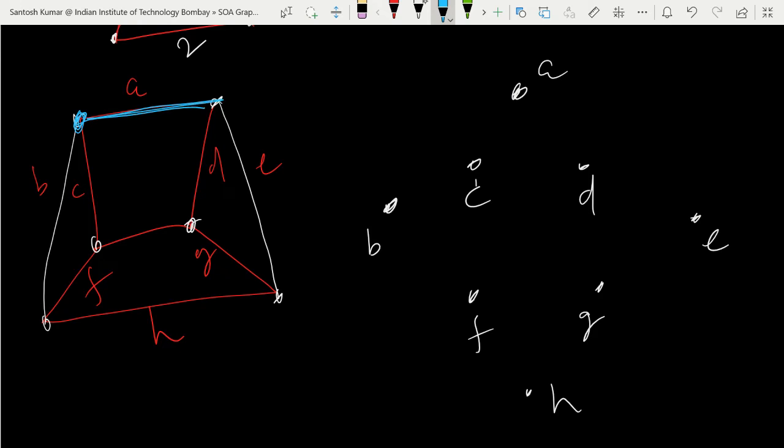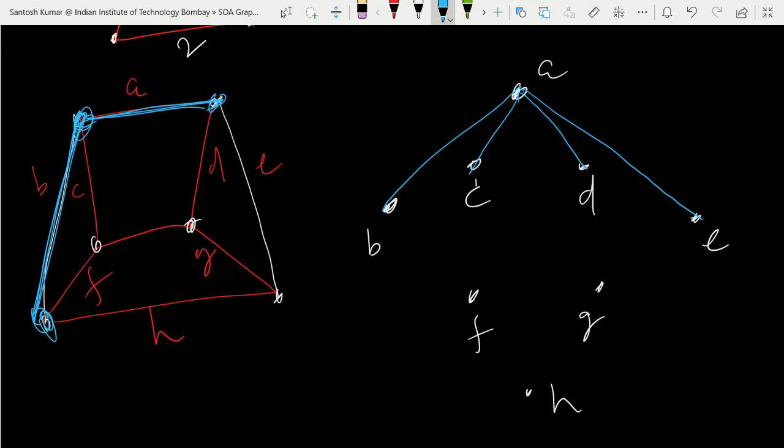So check for vertex A: edge A is sharing vertices with B, C, D, E. So A, B, C, D, and E. Check for B. B is sharing vertices with A, C, F.